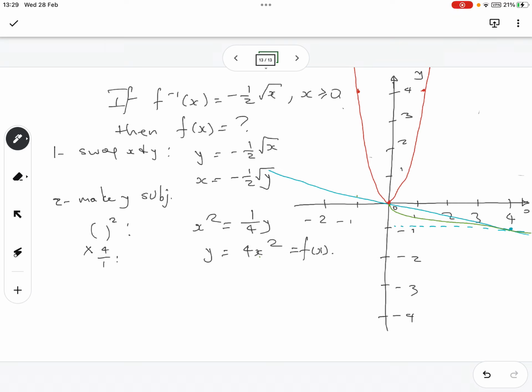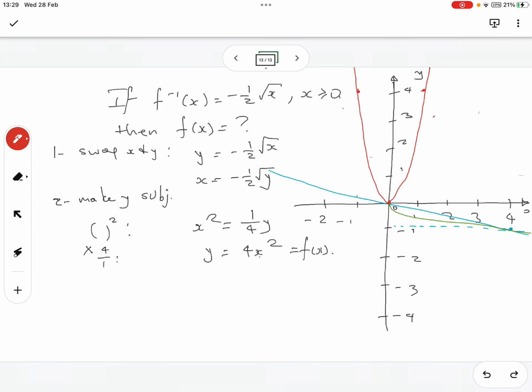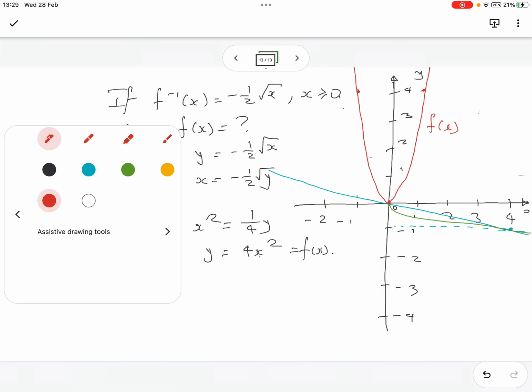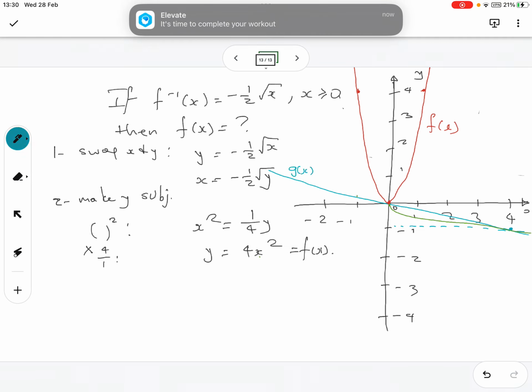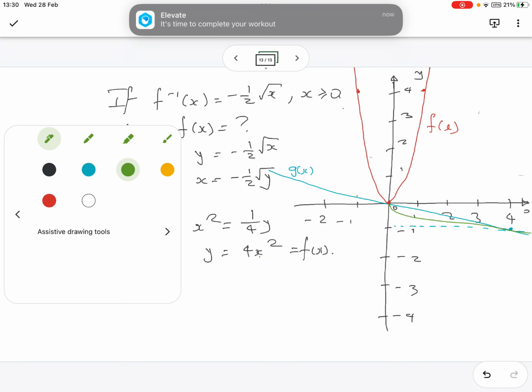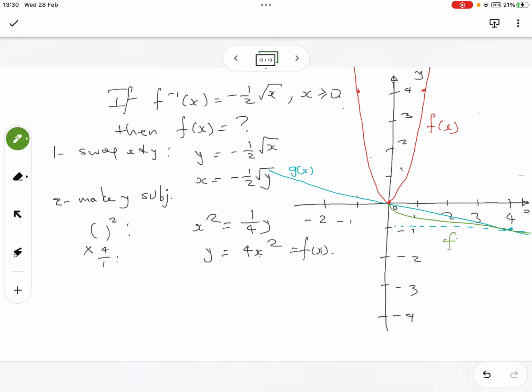Okay, so for which values of x, rather, is g of x less than f of x? This is f of x. g of x is a straight line. And the other one is f inverse of x.